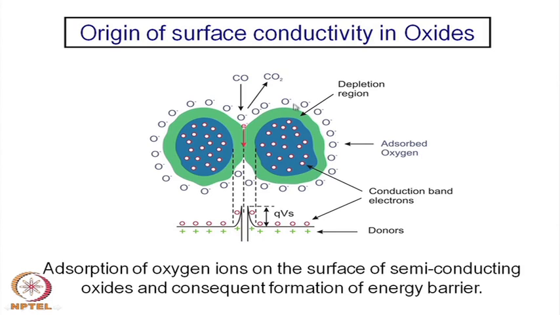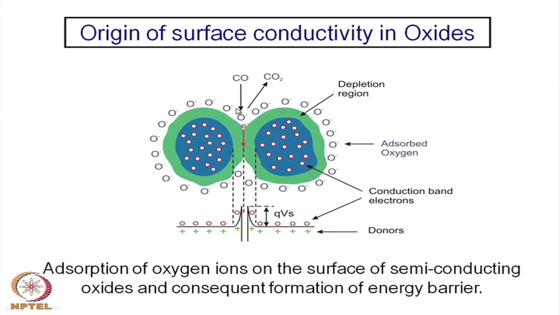So that has become O minus, and that electron is now localized with the oxygen atom, and therefore it is no longer free. So, there is an insulating layer. These green layers are the insulating layers, where the number of free electrons is very small, whereas inside you have a conducting grain.